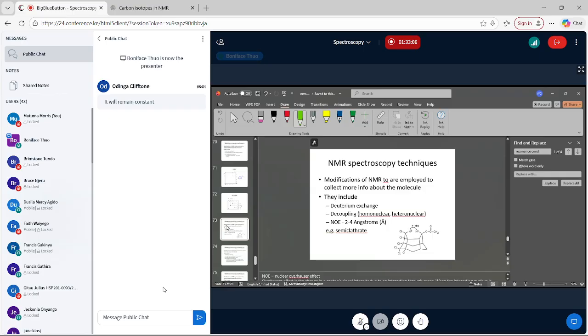Another modification is what is known as the nuclear Overhauser effect. And this is an effect which is present in some molecules where the coupling is through space.